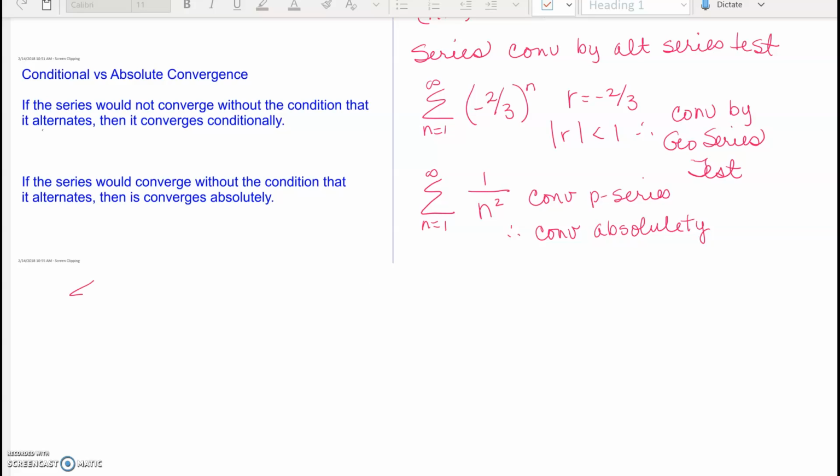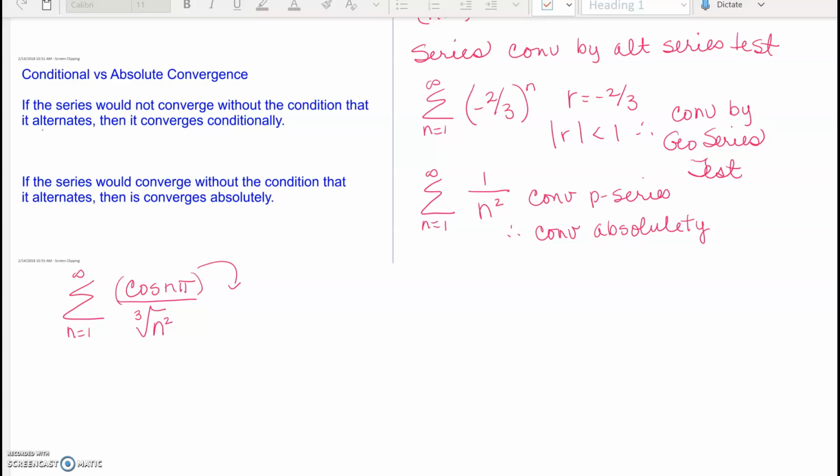If you have, let's say, n equals 1 to infinity of cosine of n pi over the cube root of n squared. I love this. When you put in integers, 1 pi is -1, 2 pi is +1, 3 pi is -1. So it's such a creative, cute little way to show alternating. The -1 to the n is kind of boring.